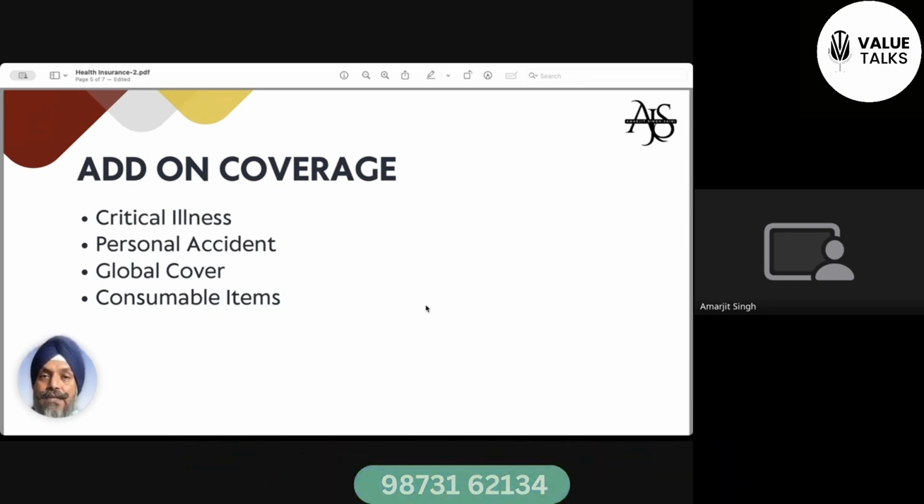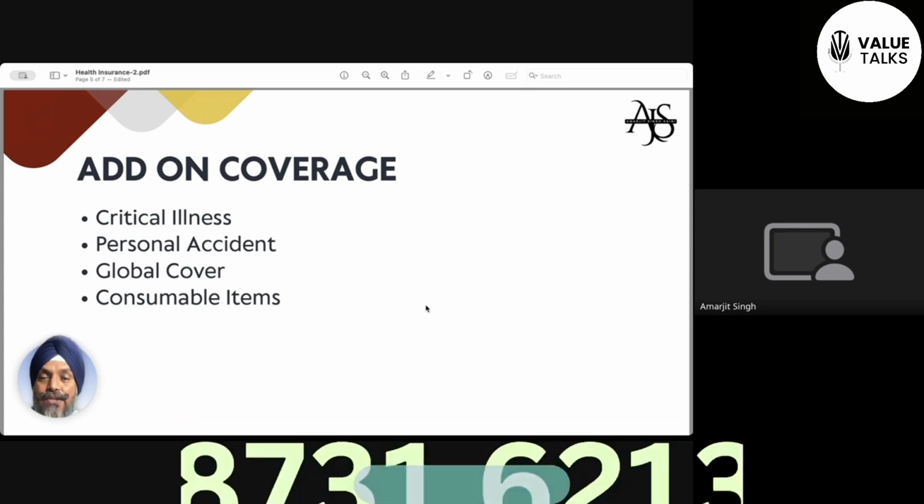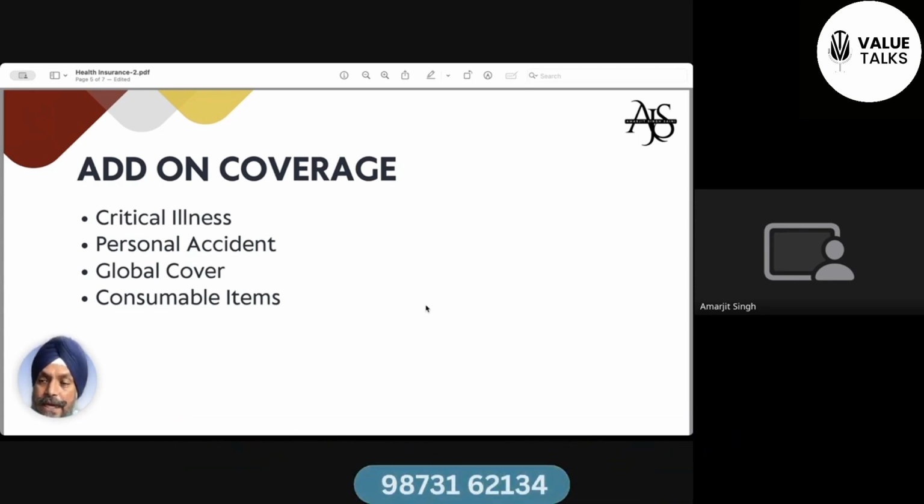Consumable items cover is also available. As per IRDA, there are four lists which companies have. IRDA has published those lists, and those items are not payable. One is the non-medical or non-payable items list, that is list one, and there are 69 items listed there. Those are not payable.